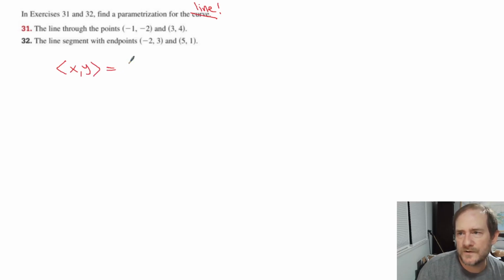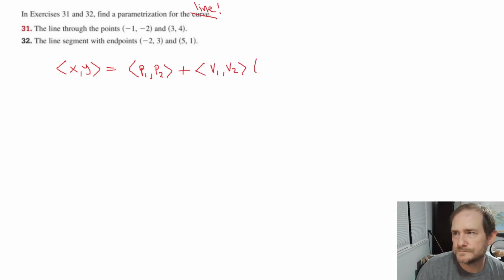Because that vector equation will always be of the form xy equals any point on the line, so P1, P2 is any point on the line. Then you add to that some direction vector, V1, V2. And so this was any vector parallel to the line, and this was any point that's on the line.